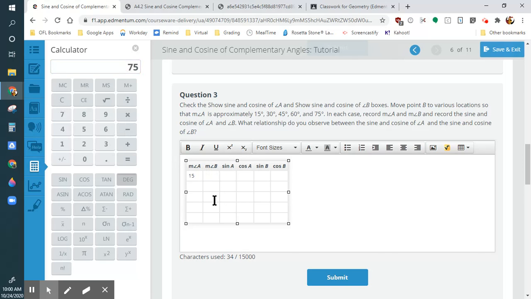That's 75. And then if this is 30, this has to be 60. And if this is 45, well, then this one has to be 45. And if this is 60, then this has to be 30. And if this is 75, well, we already know the complement of that is going to be 15. So this is 15.